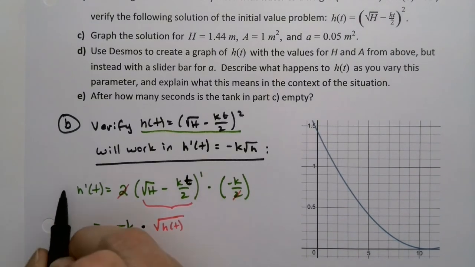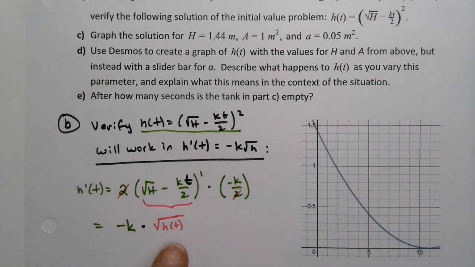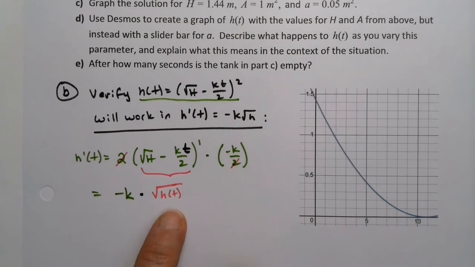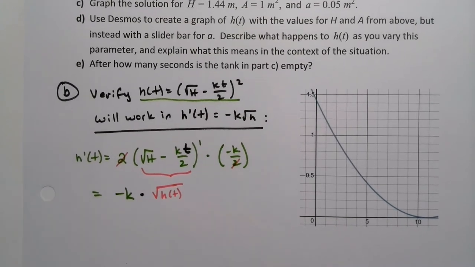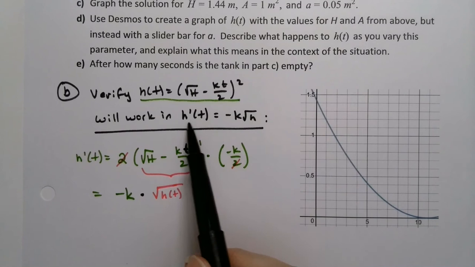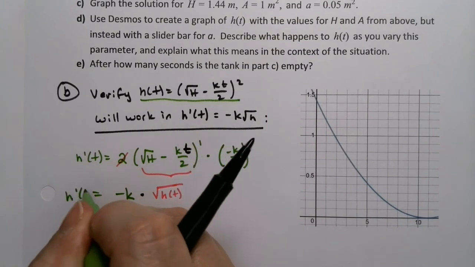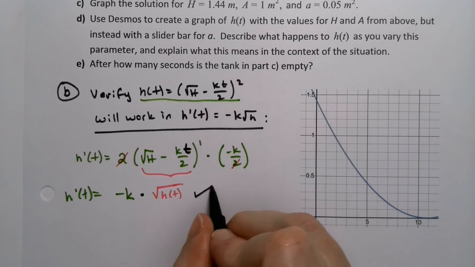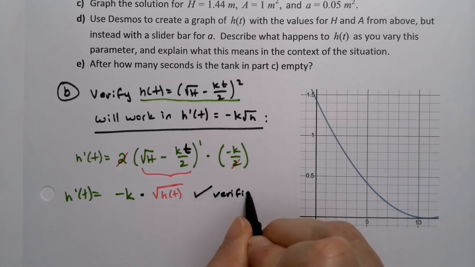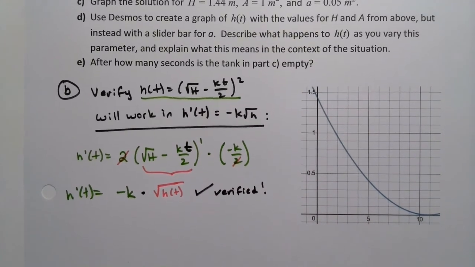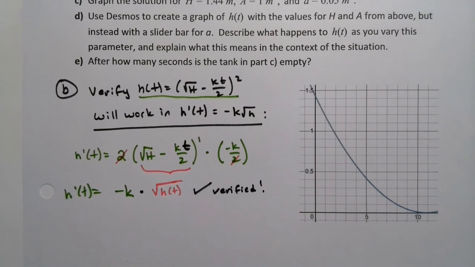So therefore we have h prime of t is equal to negative k times the square root of h of t, which is what we were asked to verify. That shows that it works inside this lovely equation. Sneaky, huh?